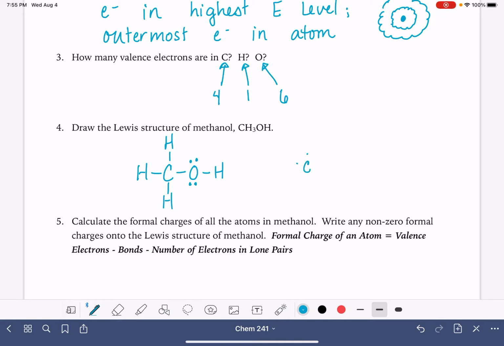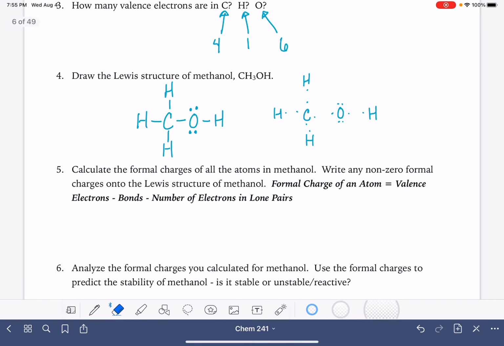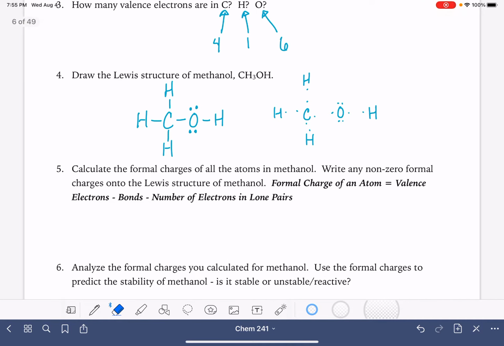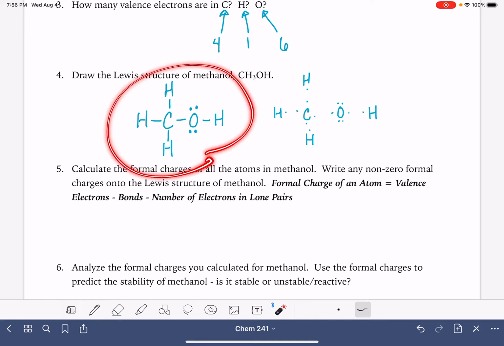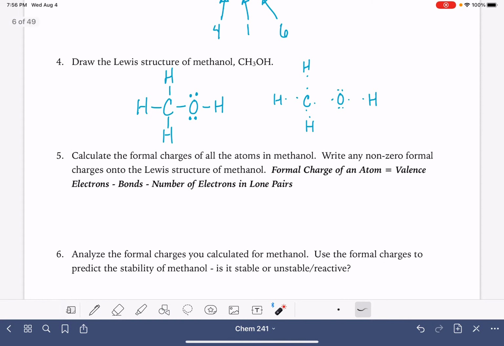So for example, carbon would look like this, and then our hydrogens around it, which would look like this, and we use those Lewis dot symbols to help us visualize how the molecule would come together. In this period of time where you're transitioning your brain from Gen Chem to OChem and also recovering from summer break, it's going to take you a little bit of time to get quick at drawing Lewis structures, but it will happen.